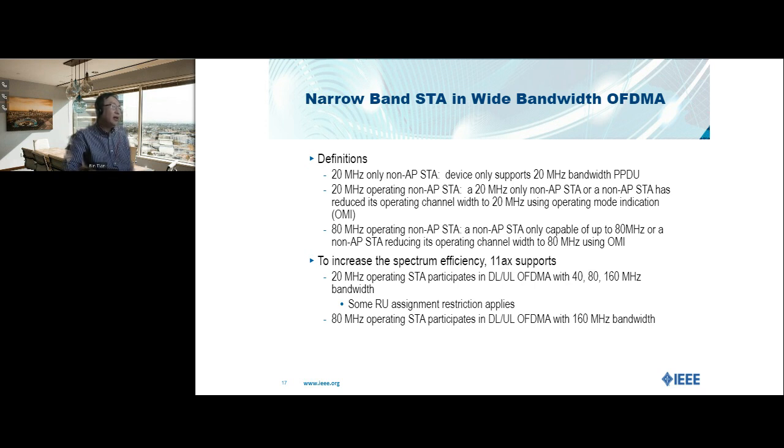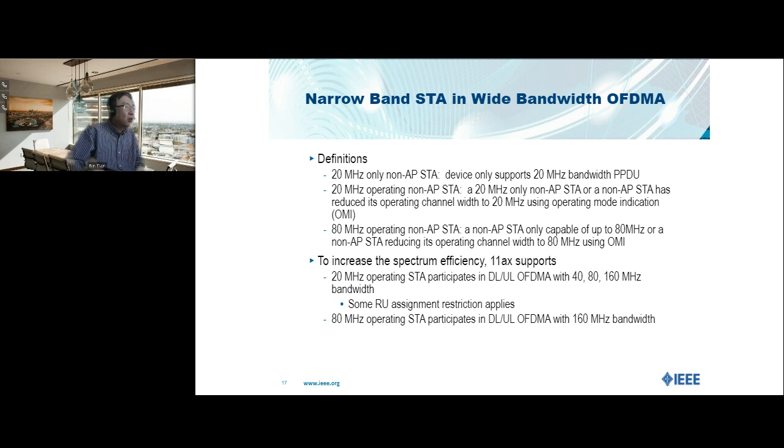This essentially means the device either is a 20 megahertz-only device because of its hardware capabilities, or it has reduced its operating channel to 20 megahertz temporarily using an operation mode change we call OMI to save power or for similar reasons.